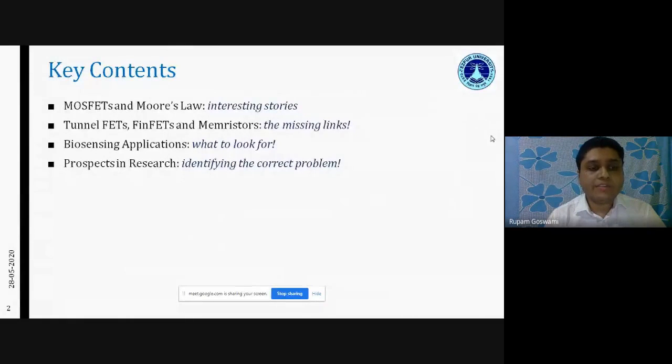Apart from that, we will also look into some biosensing applications and discuss the prospects in these specific applications. And towards the conclusion, we will discuss some philosophical objectives of doing research. I know that 2 hours is not sufficient to cover such a broad topic, but I'll try to graze along the important points through the webinar.